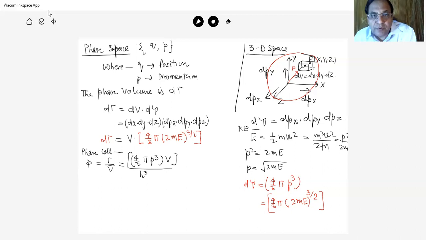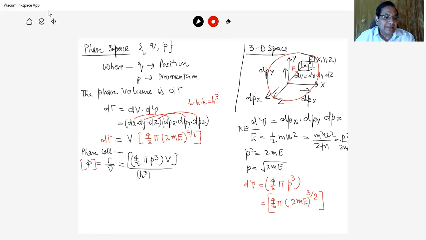Why is it h cube? Because from the uncertainty principle, we have dx dpx, dy dpy, and dz dpz. So we have h into h into h, that is h cube. So the phase cell φ is divided by this small volume, that is phase volume, through the point h cube.